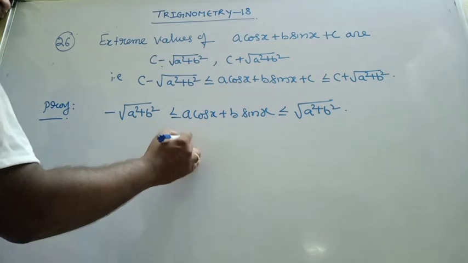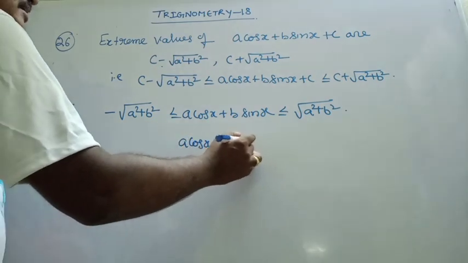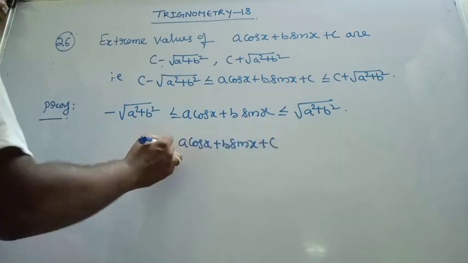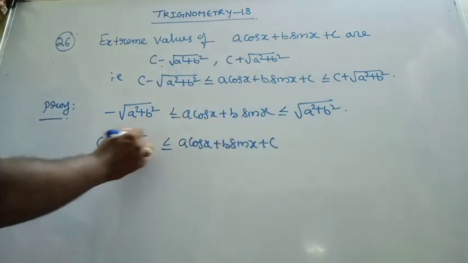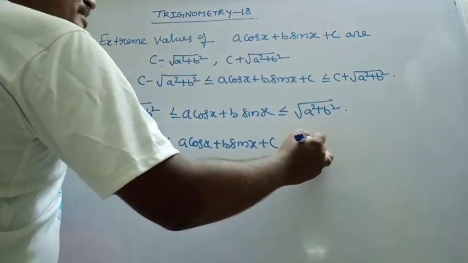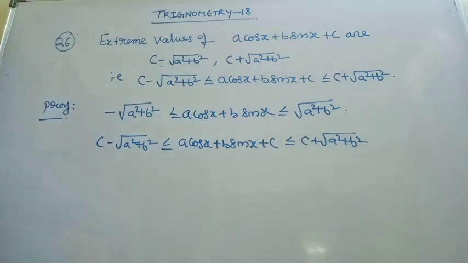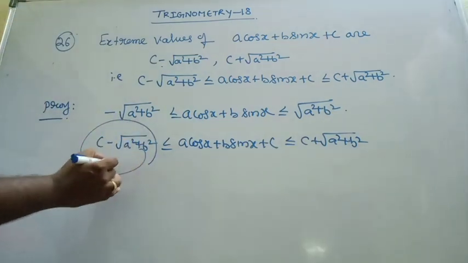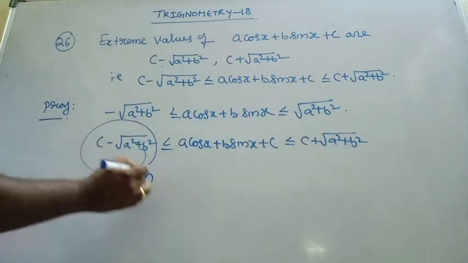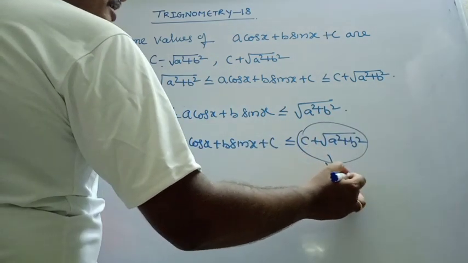Therefore, what you are going to get is a cos x plus b sin x plus c. Here you add c, so c minus root over a square plus b square, and here also you add c, so we have c plus root over a square plus b square. Therefore, this is the minimum value and this is the maximum value we have got.